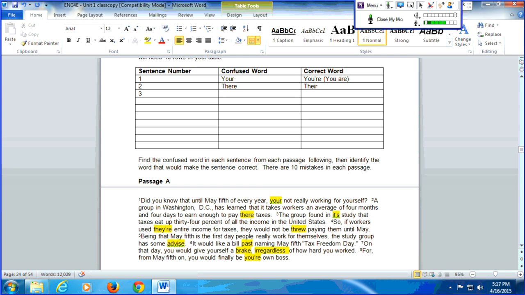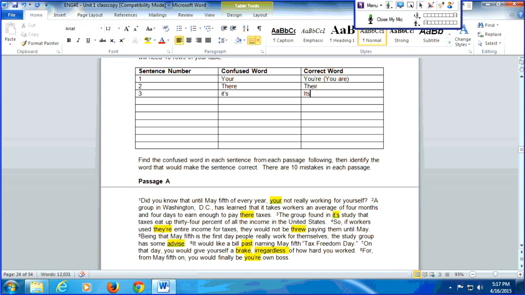So our third sentence is the group found in its study, and that should be ITS. IT apostrophe S is a contraction of it is. So group found it is study doesn't make sense. So it's ITS. That taxes eat up 34% of all of the income in the United States.